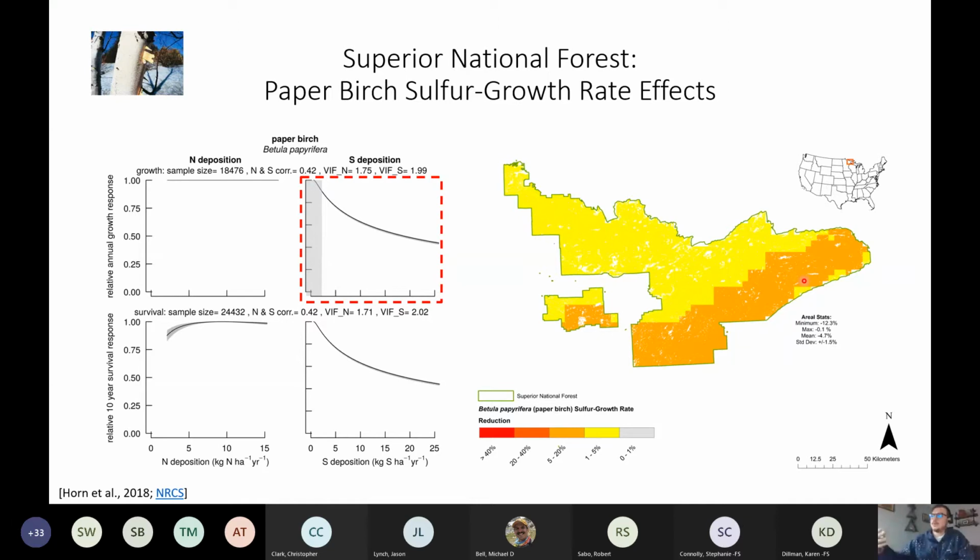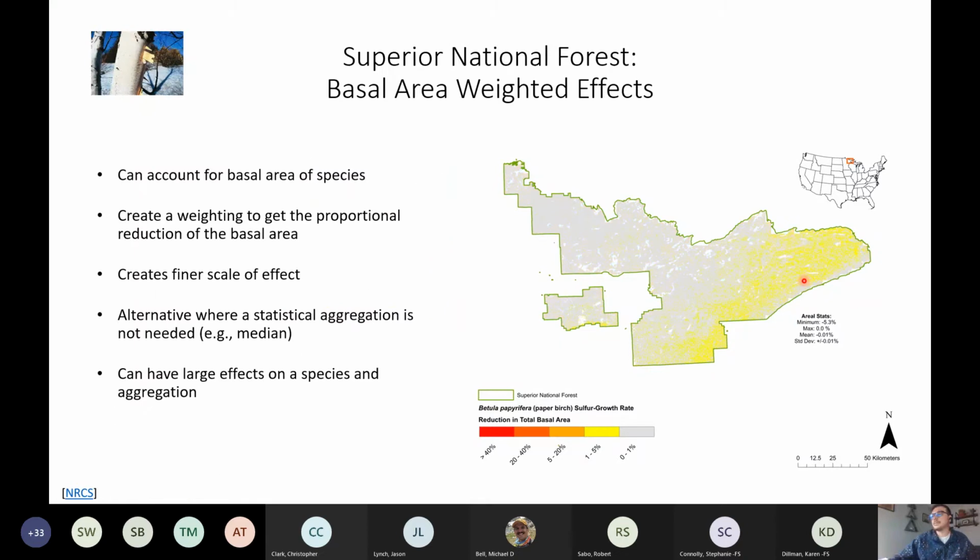Where we want to move to is we actually want to understand what's the basal area reduction that's occurring, not just the total reduction in the rate, but actually the basal area that's being reduced. So we can kind of rejigger this a little bit to get there. So now we've taken the basal area of paper birch to the total basal area. So it's proportion to the basal area.